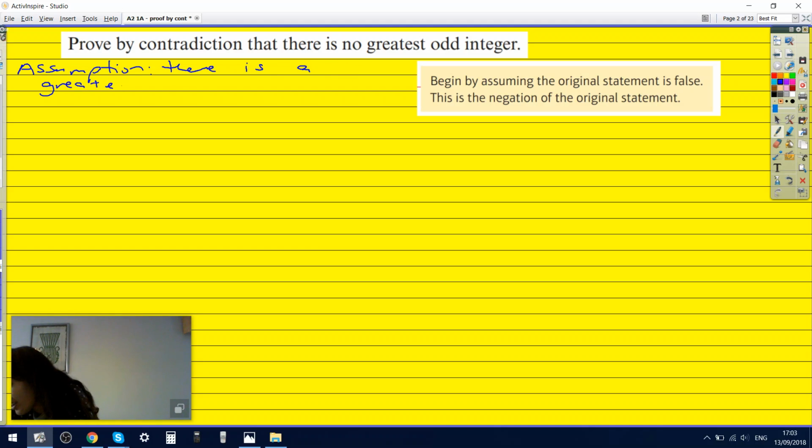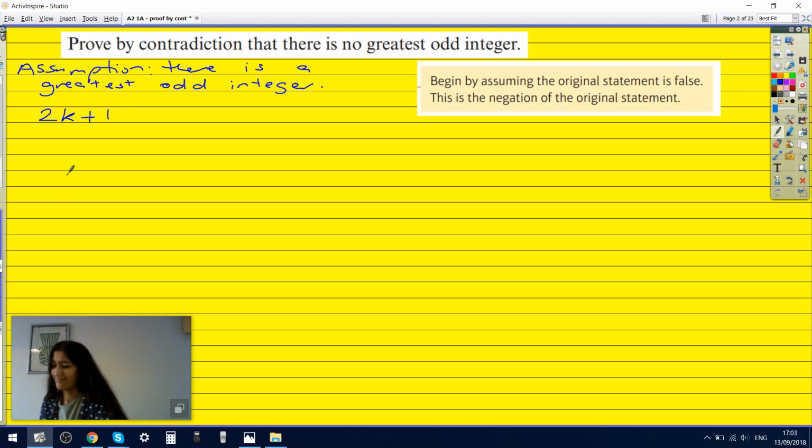You have a hint there. Do you know how you could write an odd number? 2n plus 1. Yeah. So I'm going to do 2k plus 1. 2n plus 1 is fine. So 2k plus 1 is an odd number.